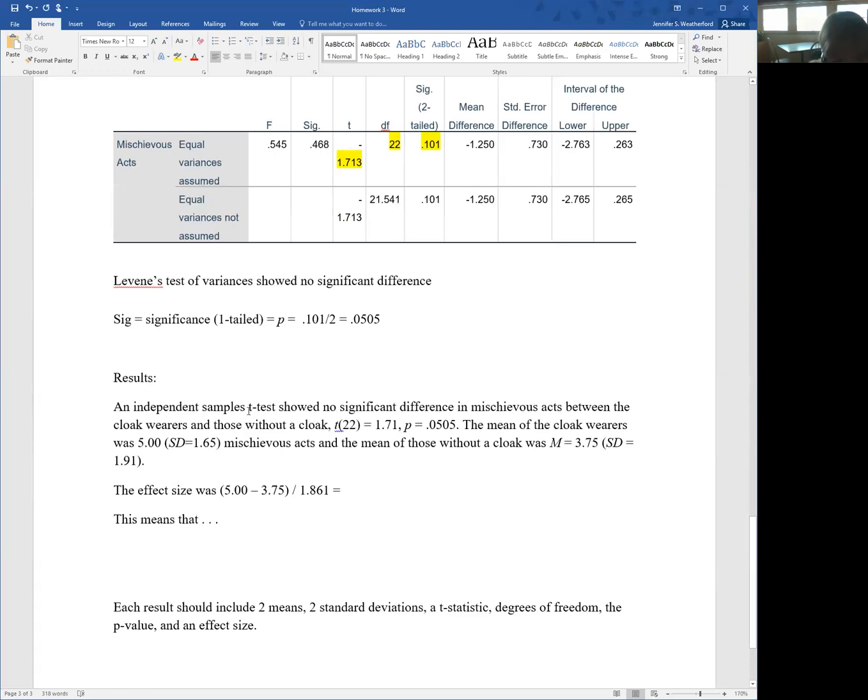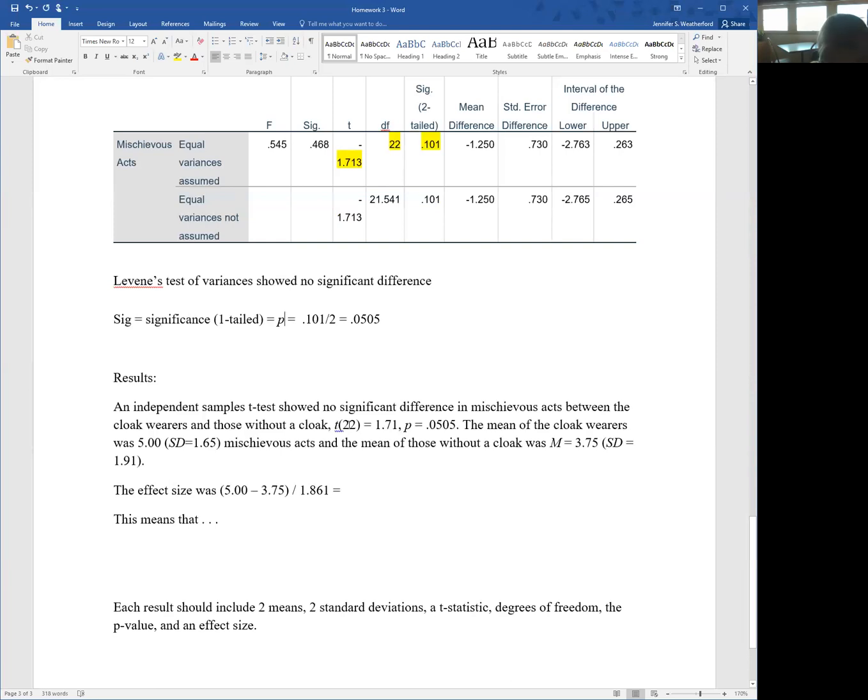An independent samples t-test showed no significant difference in mischievous acts, because that's our dependent variable, between the cloak wearers and those without a cloak. t, and here I've italicized the little t. It has to be a little t. It's not supposed to be large. And then in parentheses after it, I put the degrees of freedom, not in italics.